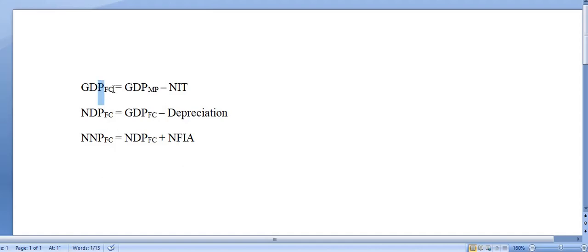And the last part, the subscript letters at the bottom, will tell you whether they are at market price or factor cost.